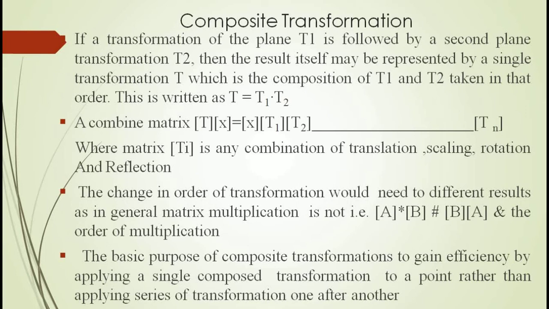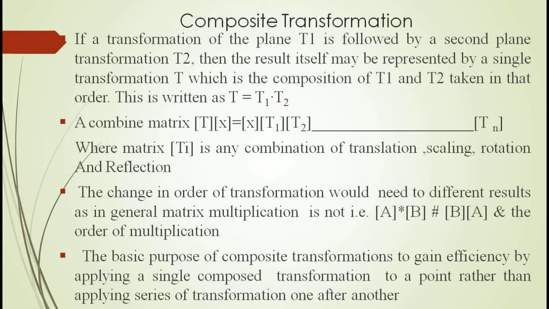The change in order of transformation would lead to a different result, as in general matrix multiplication is not commutative. That is, in the previous session we saw that if the order is changed in matrix multiplication, the result is different from the original.